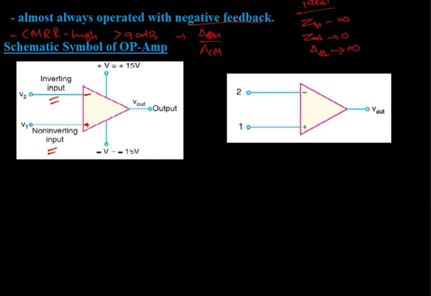Here, non-inverting and inverting represent the following: when a signal is applied to the non-inverting terminal, the output will be in phase with the input voltage, and when a voltage is applied to the inverting input terminal, there will be a 180-degree phase difference between the output voltage and the applied input voltage. So that's why these two terminals are named the inverting input terminal and non-inverting input terminal.